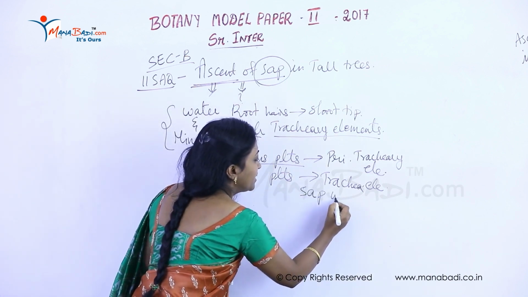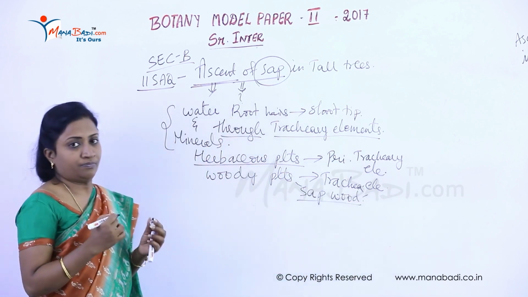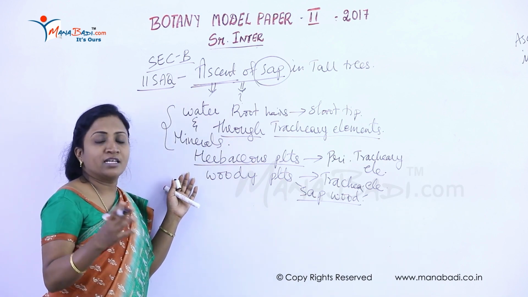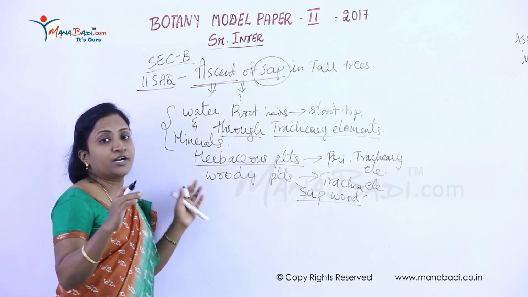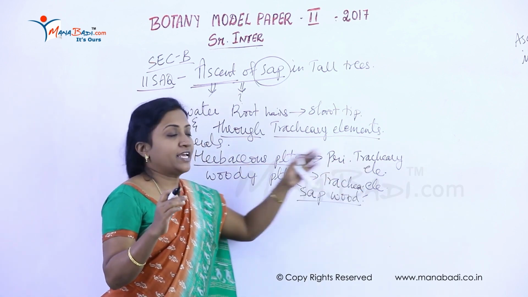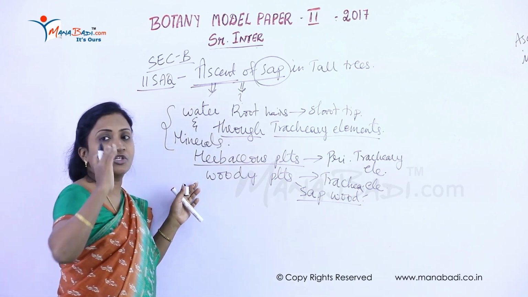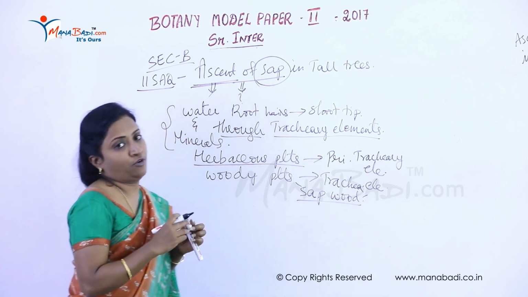They are present in the sapwood. So in herbaceous plants, the ascent of sap is carried out through primary tracheiary elements, whereas in woody plants it is through the mature tracheiary elements present in the sapwood.